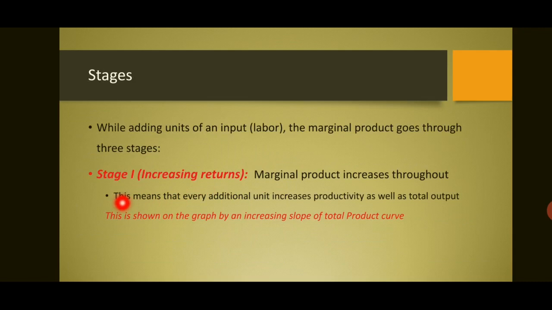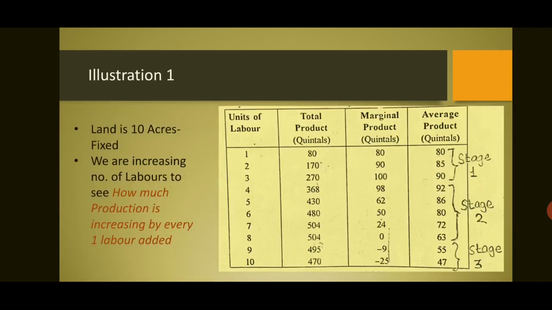This means that every additional unit of labor increases productivity as well as total output. Up to this stage, as we increased labor, total production also increased and the productivity of labor also increased.